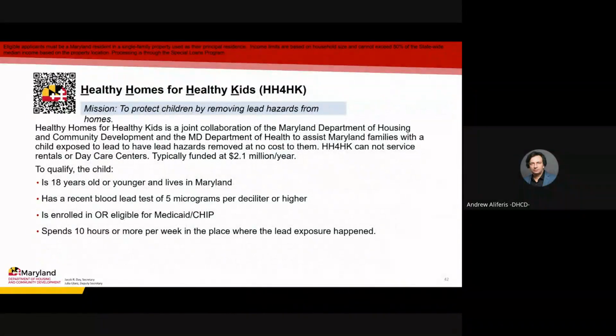Healthy Homes for Healthy Kids. This is a partnership with Medicaid and CHIP. If a child has a very high level of lead in their blood, any home that they spend a lot of time in, this doesn't have to be their own home, could be a grandparent's home, would qualify for lead remediation. Next slide.